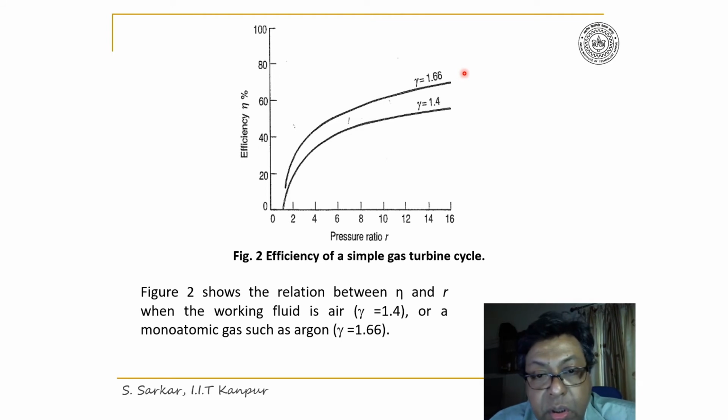So look, as gamma increases, efficiency increases further. You can appreciate from the earlier expression also that the efficiency of a simple gas turbine cycle depends on pressure ratio, and as pressure ratio increases, the efficiency increases.